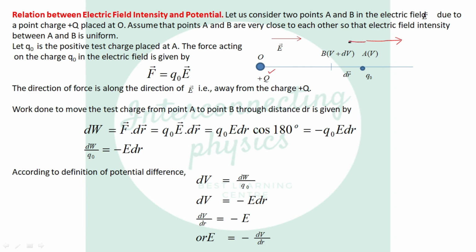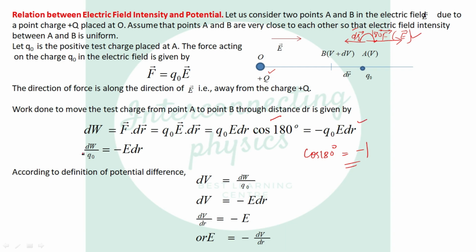It means the displacement is in this direction, and the force, which was in the direction of the electric field, is in this direction. Then you see the angle between the E vector and the dr vector is 180 degrees, and cos 180 is minus 1. When we put this value, we get minus q naught E dr.